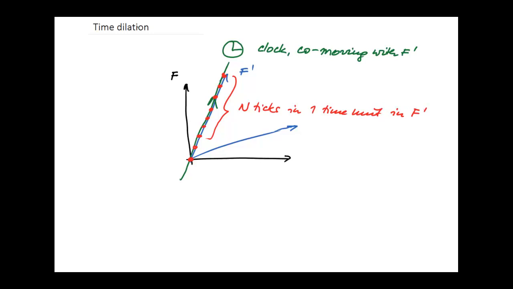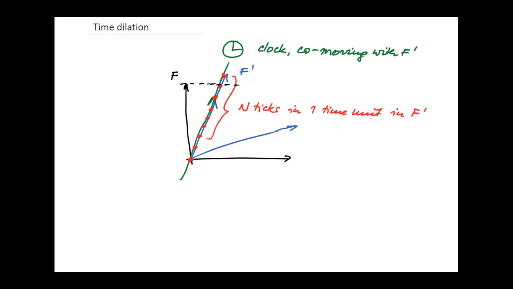The observer F also sees the clock ticking, and after one time unit, that would be here, this dashed line, that corresponds to time equal to one time unit. Now look at the ticks along the world line of the clock. Seen by observer F after his or her first time unit, there are fewer ticks than in one time unit of F primed.